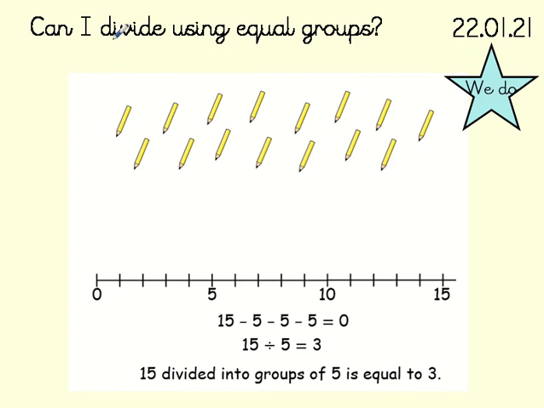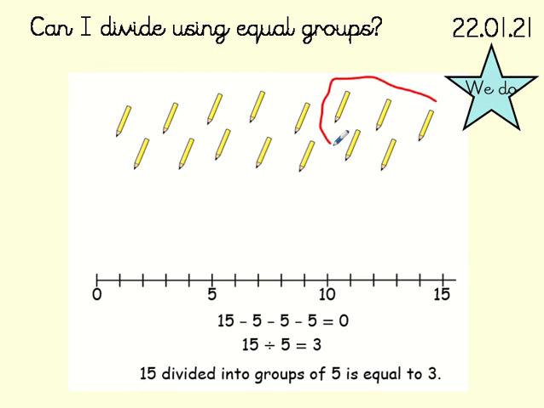Let's have a think. We can use repeated subtraction now to work this out, and this comes later on in your worksheet, so don't worry if you find this part a bit confusing, just do the parts before. So altogether I've got 15 pencils and I want to group these pencils into groups of 5, so let's do that now.